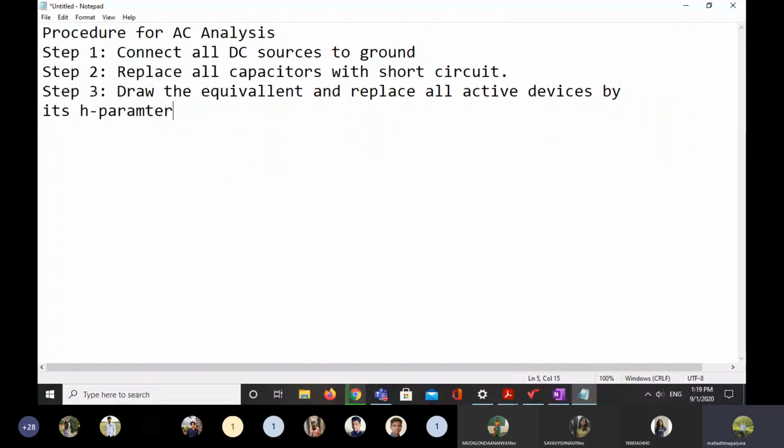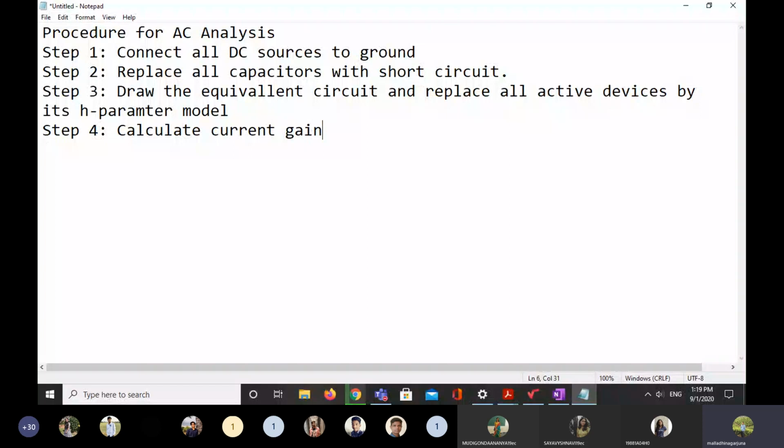And finally step 4: calculate the current gain, voltage gain, input impedance and output impedance.